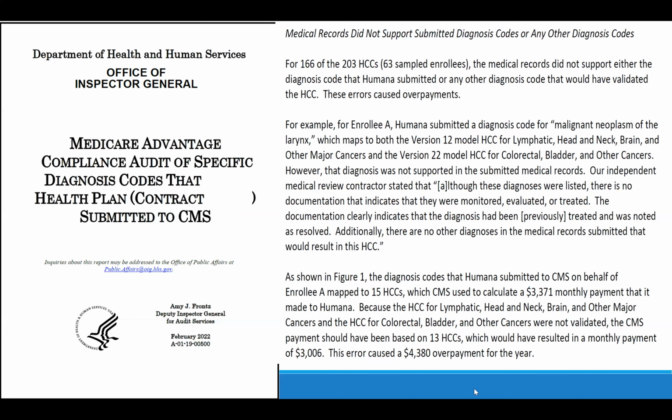It stands for Risk Adjustment Data Validation. There is a boatload of money at stake here in risk adjustment, where CMS pays these health plans a premium to cover Medicare beneficiaries.